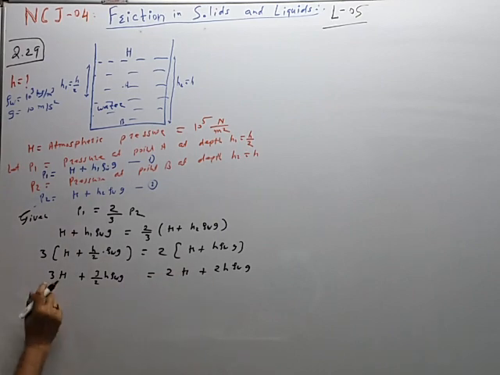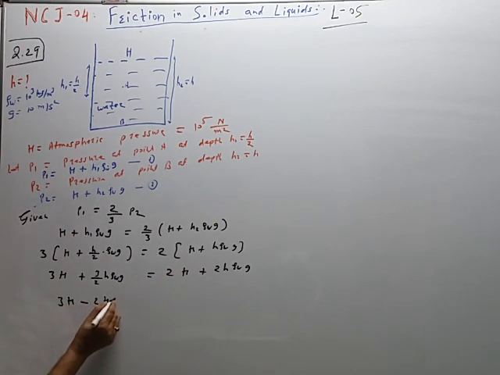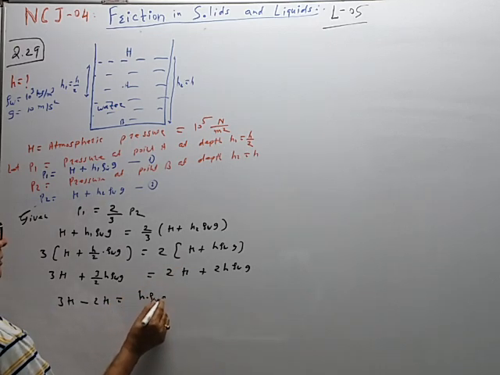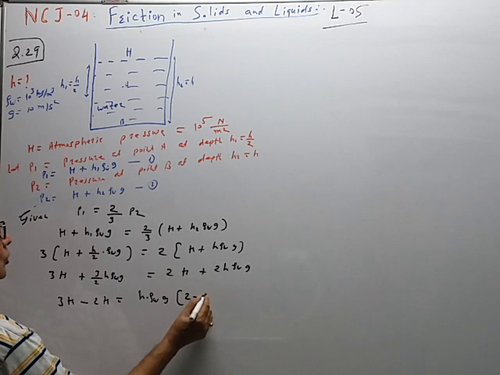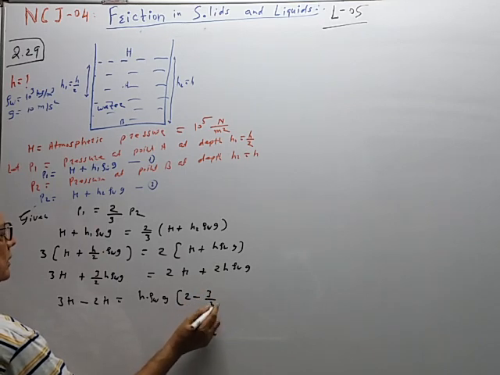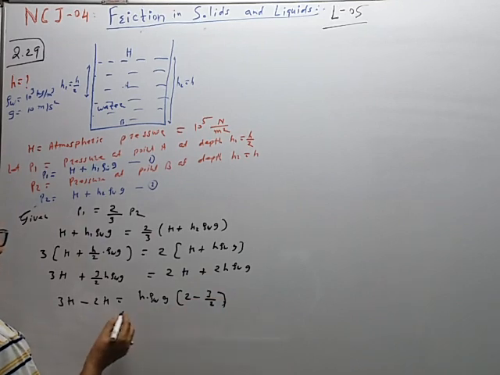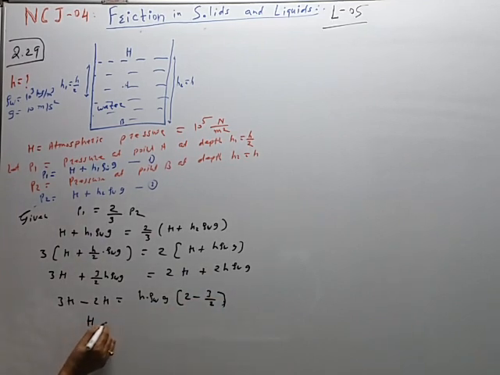So this 2H is transferred on this side. So 3H minus 2H is equal to h common, rho W common, G common into bracket 2 minus 3 by 2. This 3 by 2 will become minus. And therefore capital H is equal to h into rho W into G multiplied by, this is 1/2.